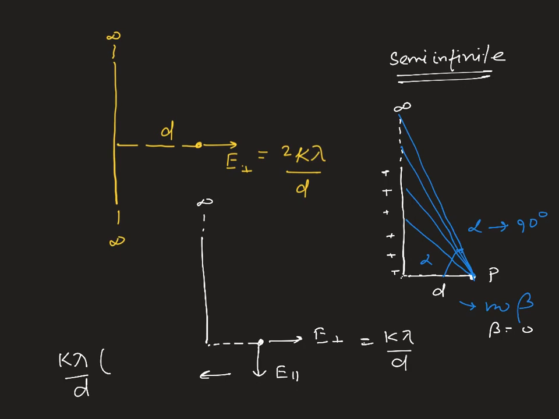Cos 0 is 1, and minus cos alpha, that is cos 90, that is 0. So again we'll multiply it with 1. So in this case, E parallel is also there, that is k lambda by d, and E perpendicular is also there, and both values are equal, and they are equal to k lambda by d.